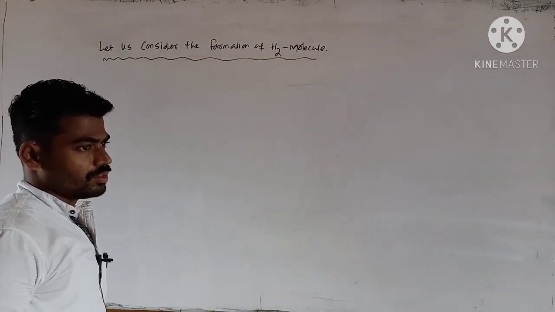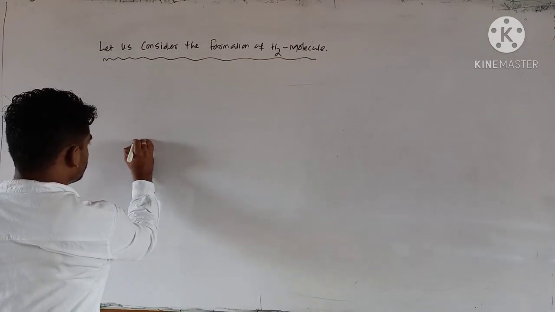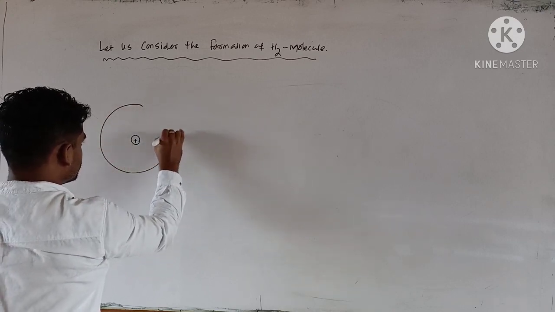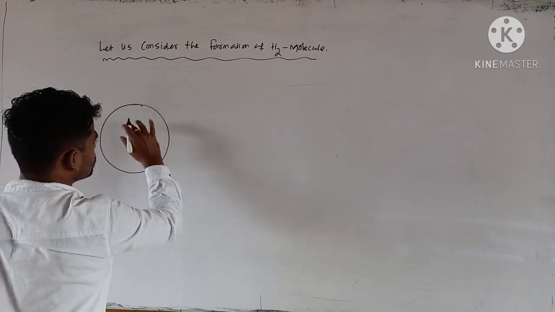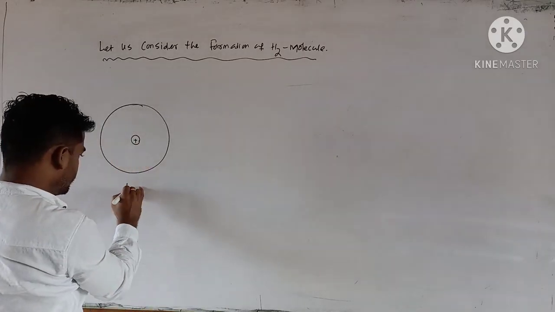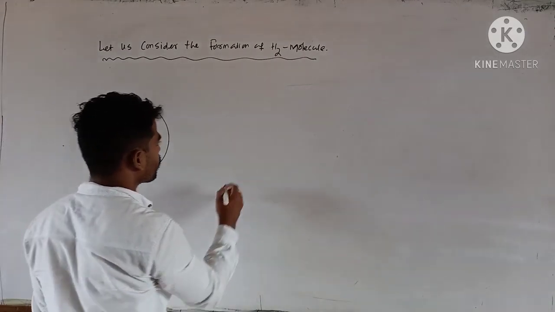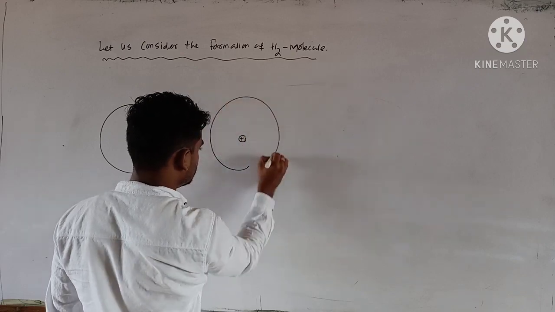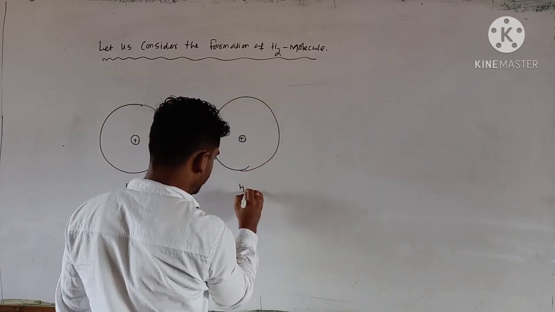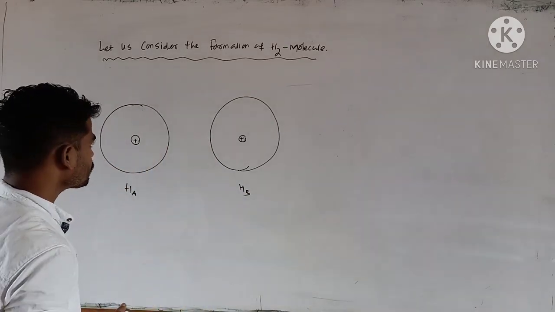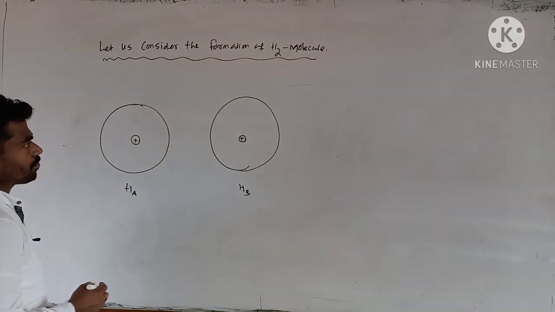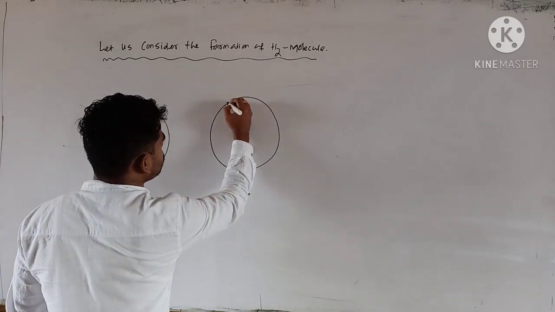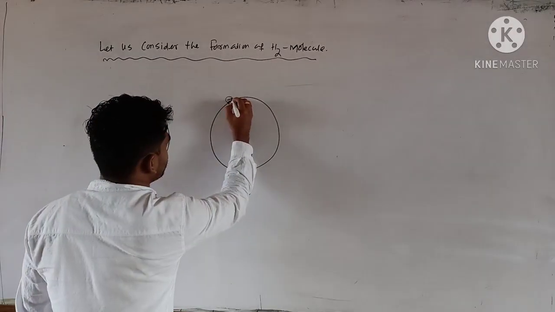So how is it formed? This one is one hydrogen atom, and I can designate it as HA, and here another hydrogen atom, you can say HB. That clear? So let's say here one valence electron is there, here also one valence electron is there.